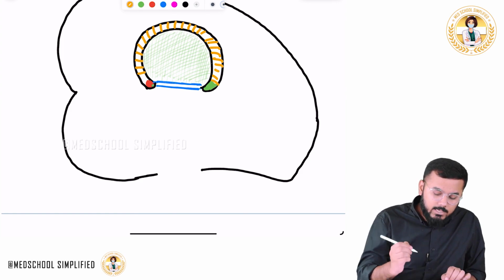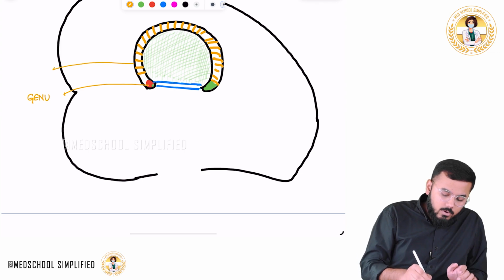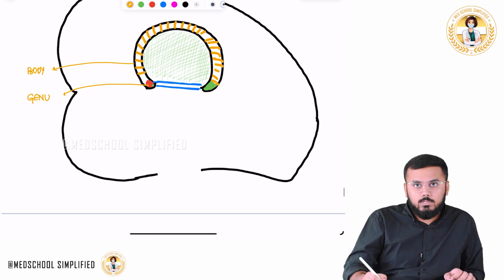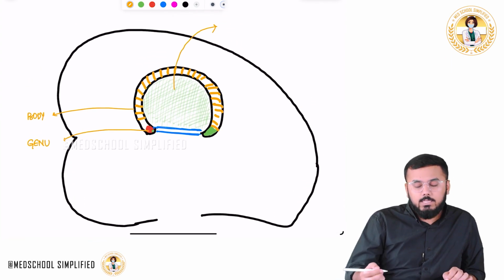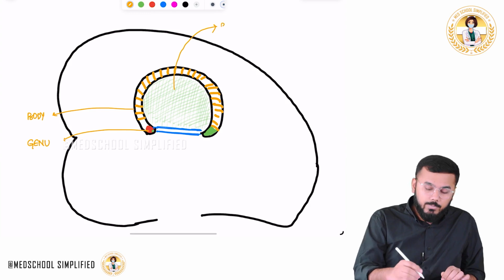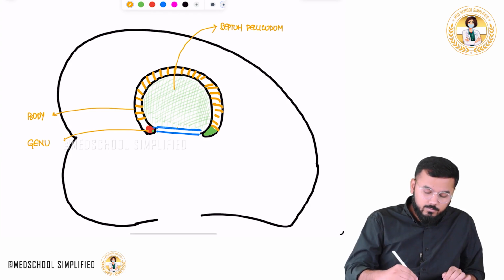So let us name all these things one by one. This part over here which I told you, what is this? This is called the genu, G-E-N-U. Next you have this part, which you call the body. Next, this part over here, what is this called? This is called the septum pellucidum.